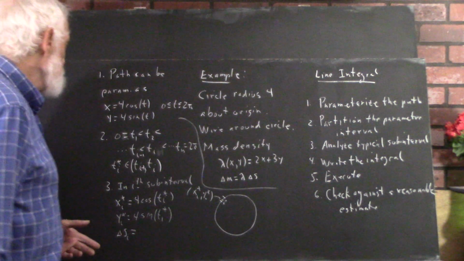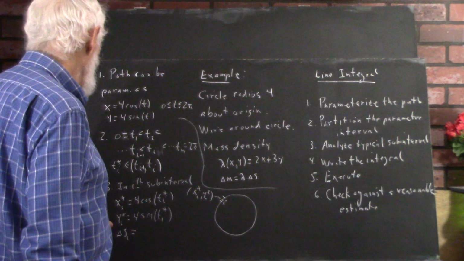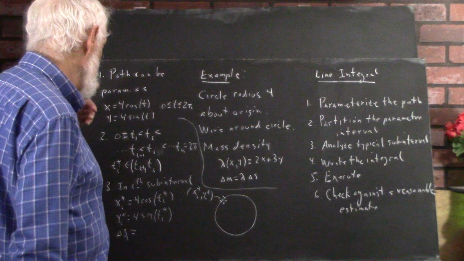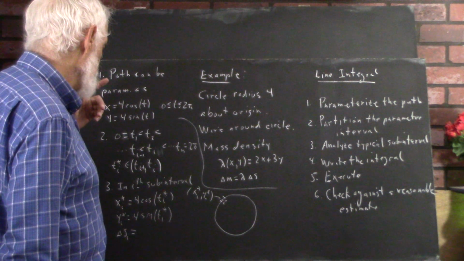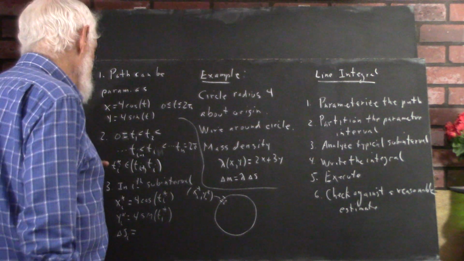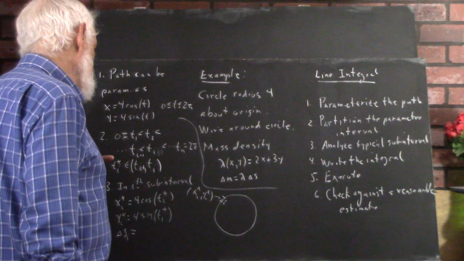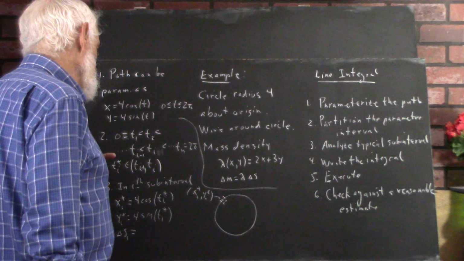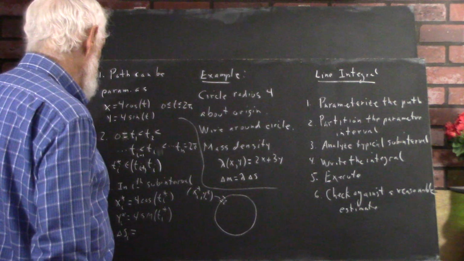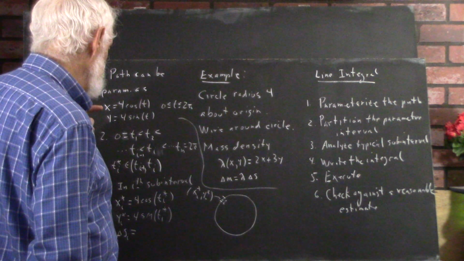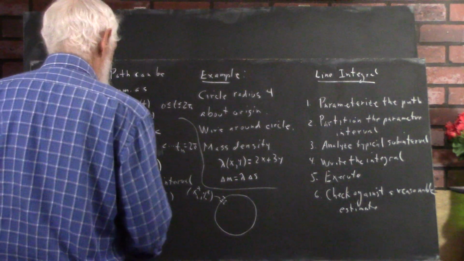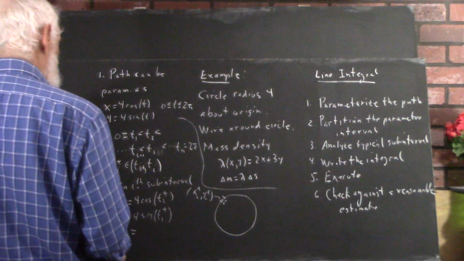Well, it's going to equal the, how do I want to say this? I don't really want to write it this way, but I'm going to. Okay, because I want to make it as clear as possible.